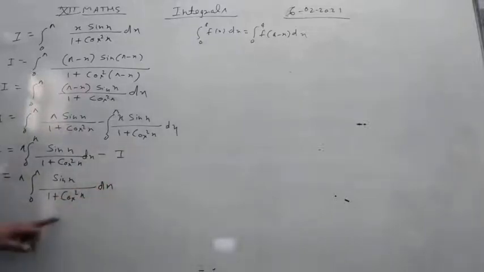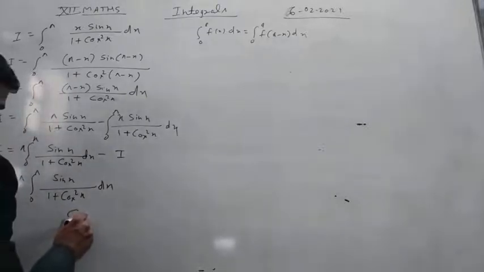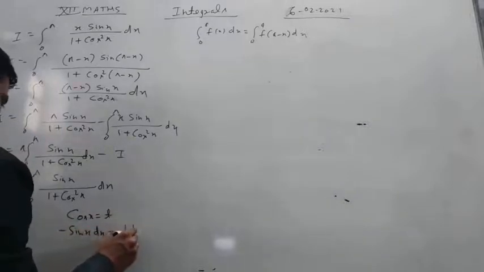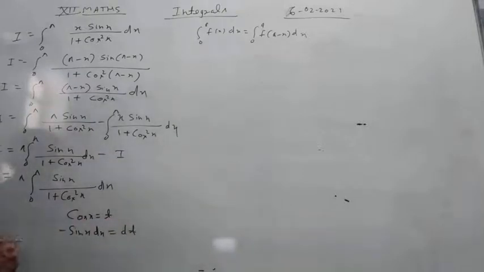Okay friends, now you know this is 1 plus cos square x. So when we suppose cos x is t, we get minus sin x dx is equal to dt.